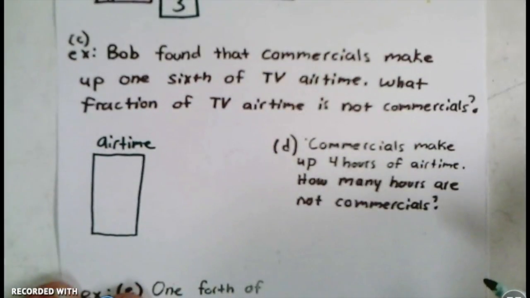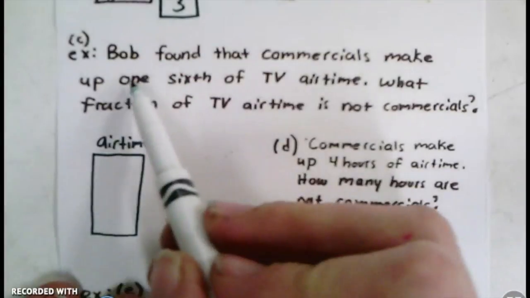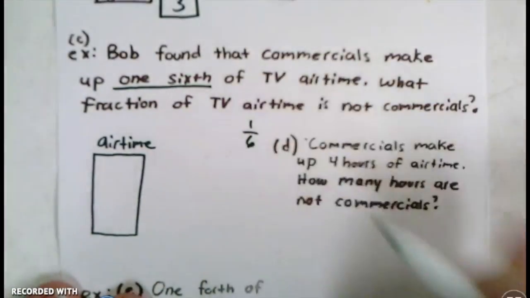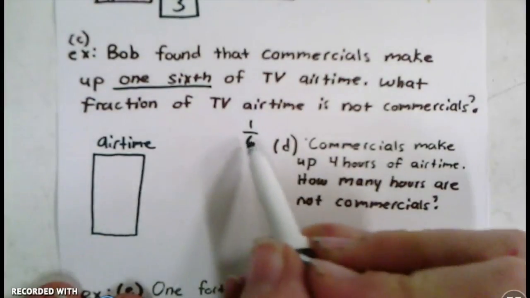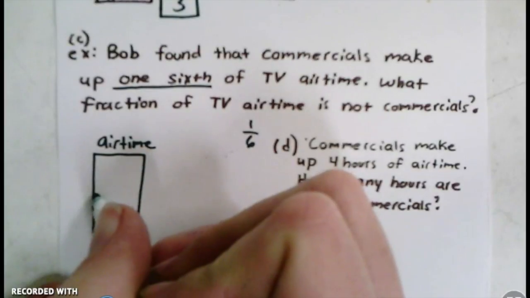Okay? And now I'm going to break it into the amount of parts as my denominator. So look for my fraction. Bob found out that commercials make up 1/6. If I were to write that as a fraction, it would look like this. And my denominator is 6. So I'm going to split this into 6 spaces.